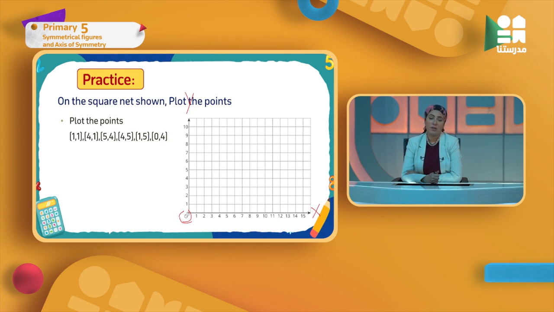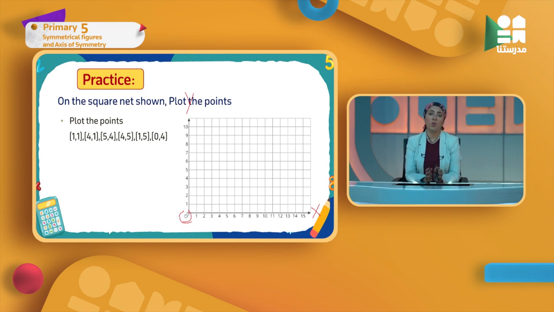Again, the first point in every bracket represents the movement on the x-axis, while the second point inside the bracket represents the movement on the y-axis.